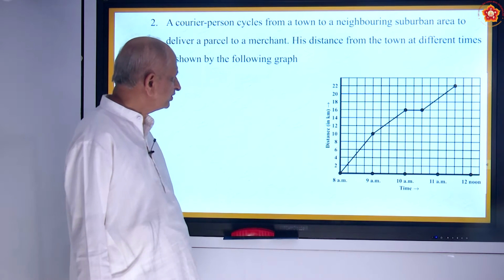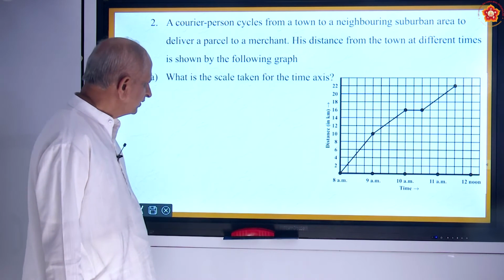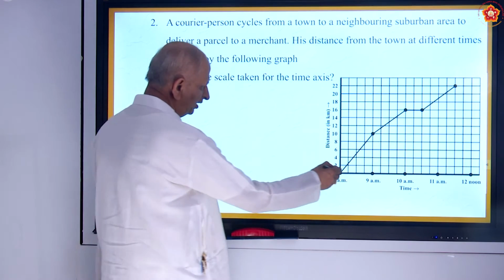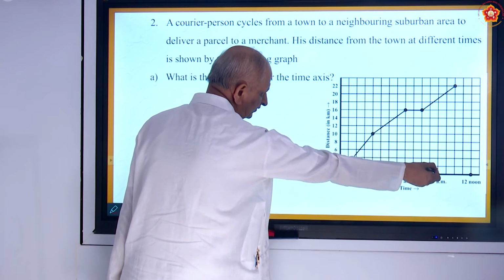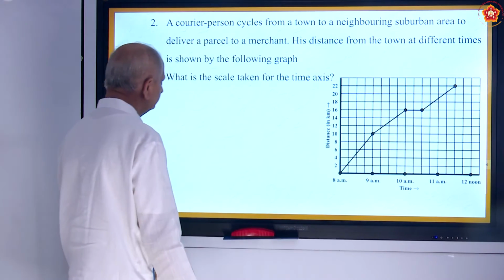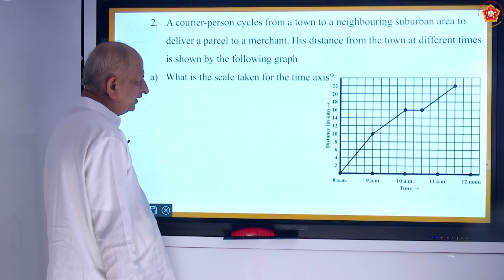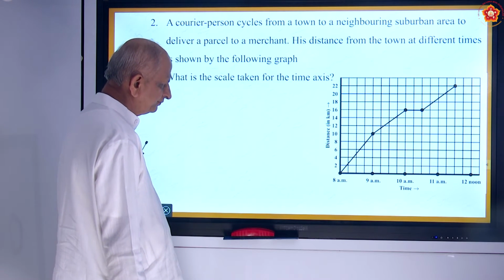Now you have to answer the question. He starts from a town at 8 o'clock and reaches at 11:30. So, first question, what is the scale taken for time axis?